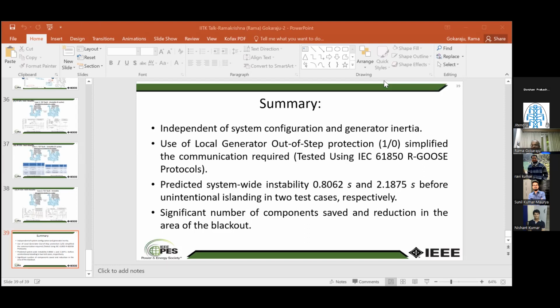Sir, to plot this characteristic on the equal area criterion, do we need to model all the renewable energy resources like a synchronous generator model, and then plot all these characteristics as an equal area criterion? No, we don't have to represent them as synchronous generators. We'll be representing them as they exist, as a wind or a solar PV.